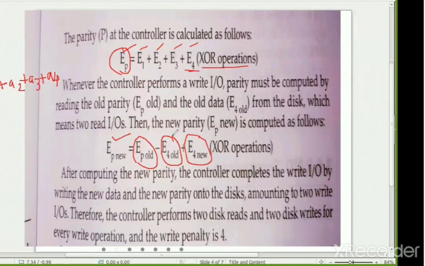Please remember, they deduct, that is AP minus A2, and then I get the contents of the disk that I have lost. For the new data I want to write, I perform the XOR operation on it. That is considered as A2 of the new, and this whole is going to generate another parity. This is how they calculate the lost data and regain it.